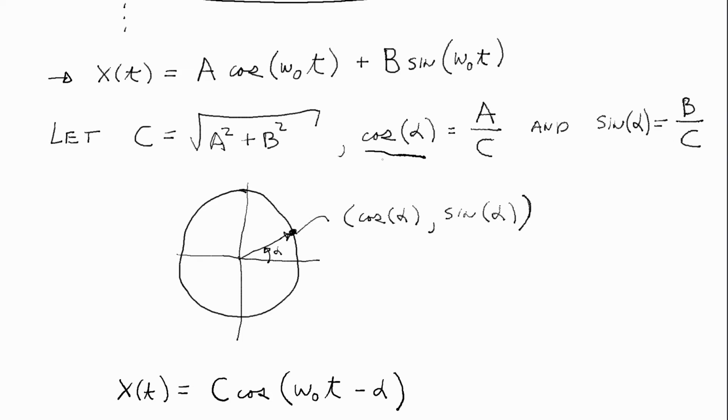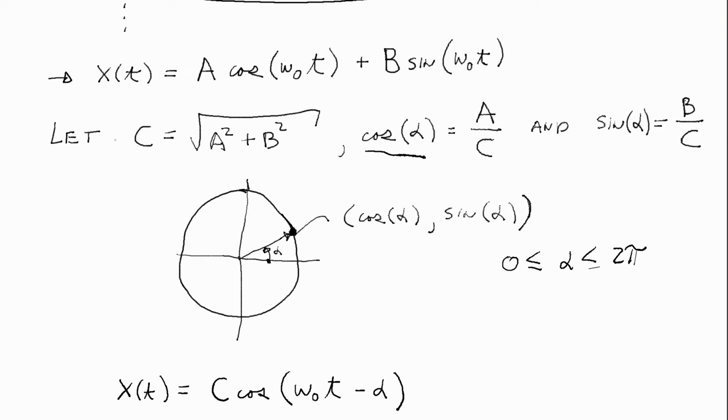The best way to understand this is that given any point cosine theta, sine theta, you get a point on the unit circle, right? So theta is the angle that is formed here, and we're going to take it between 0 and 2 pi, okay?